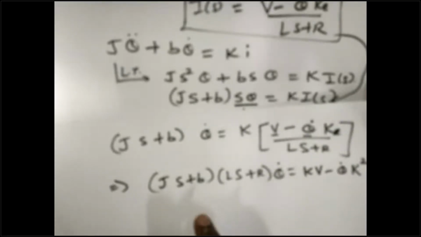If I take the K to the other side and take theta dot as common, then (Js plus B) into (Ls plus R) plus K square, because this minus is going to become plus K square, equals K into V.